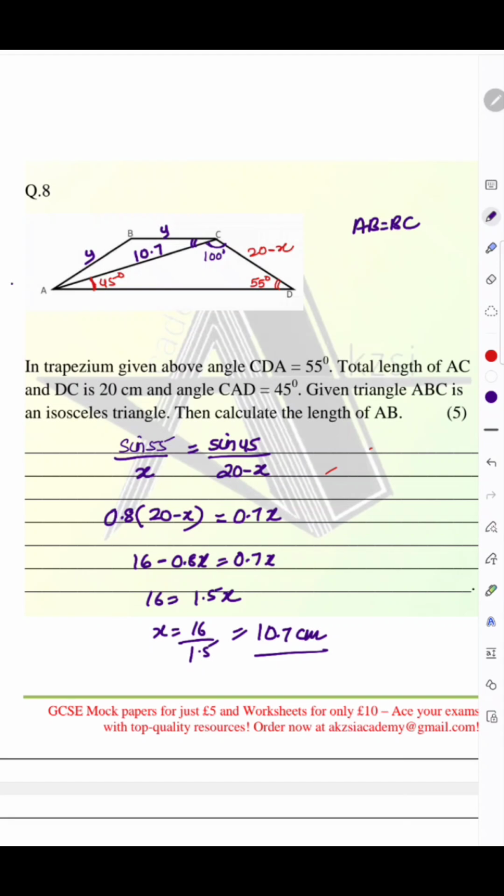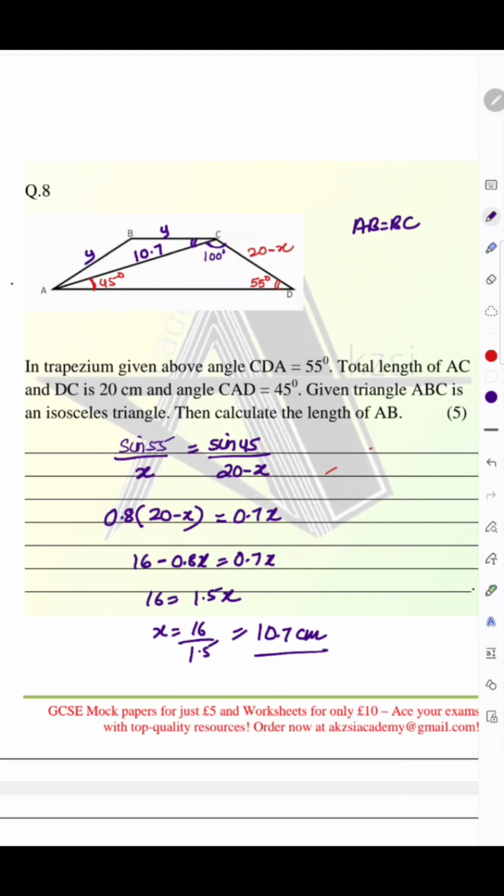Because a trapezium, if I draw a trapezium separately, two lines are parallel in a trapezium, and this is a transversal, because trapezium is what? One pair of sides are parallel. So these two form interior angles and they always add up to 180 degrees.